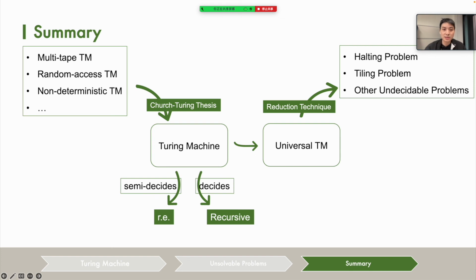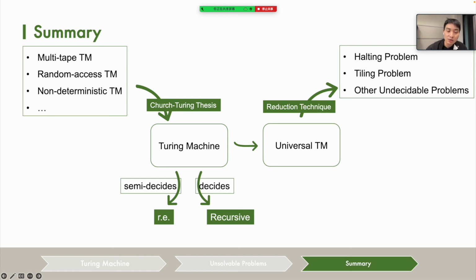Okay, that is the video presentation 2, and then let me give the summary. First, we introduced the Turing machine, and the Church-Turing thesis shows that Turing machine is a general computation model. Then we introduced the recursive language is decided by the Turing machine, and the recursively enumerable language is semi-decided by the Turing machine.